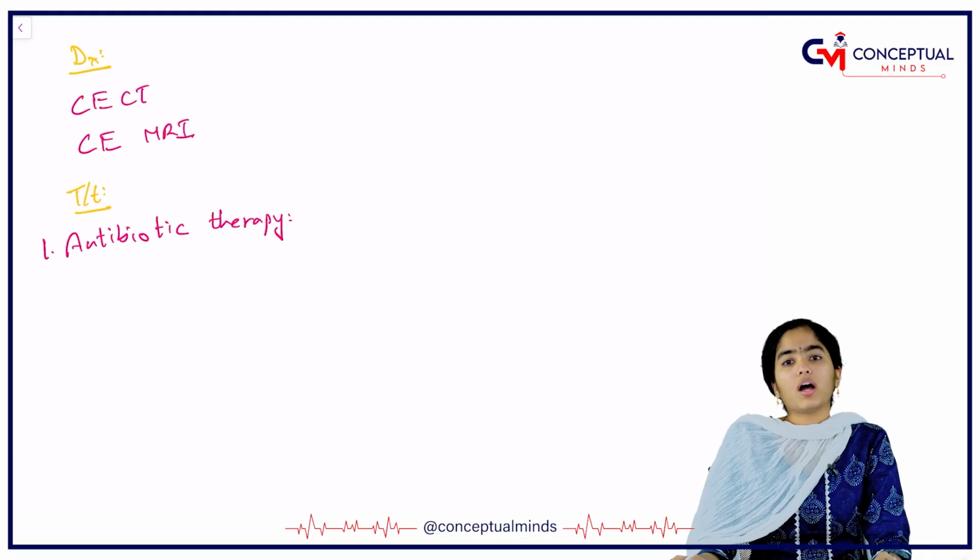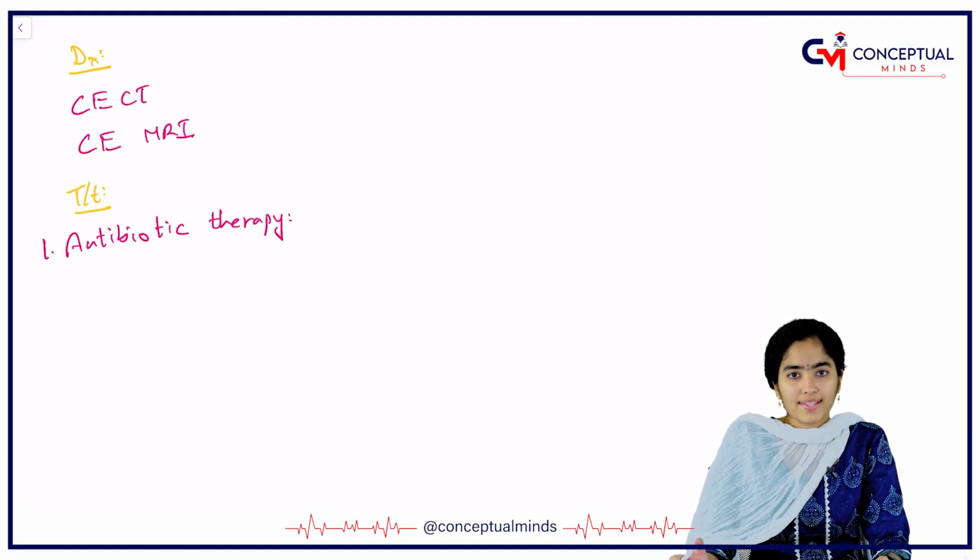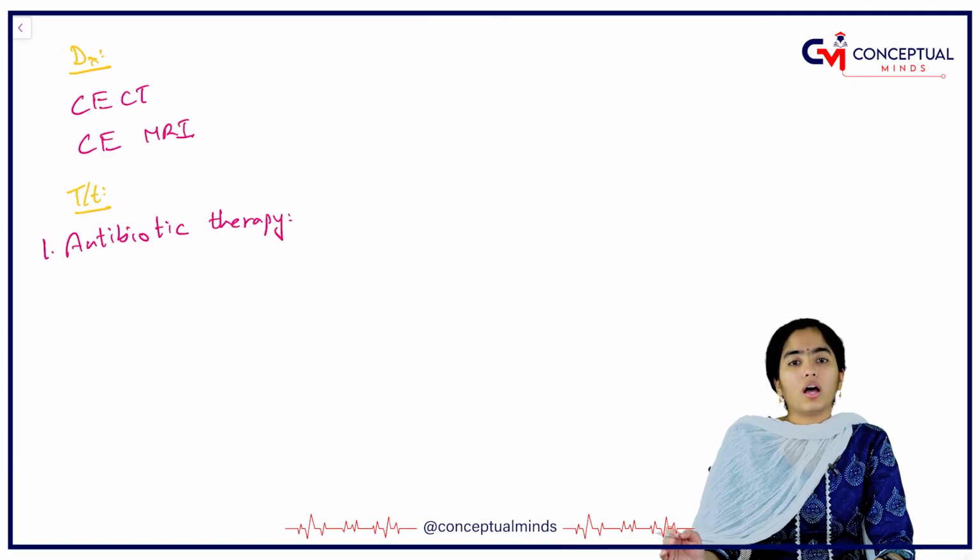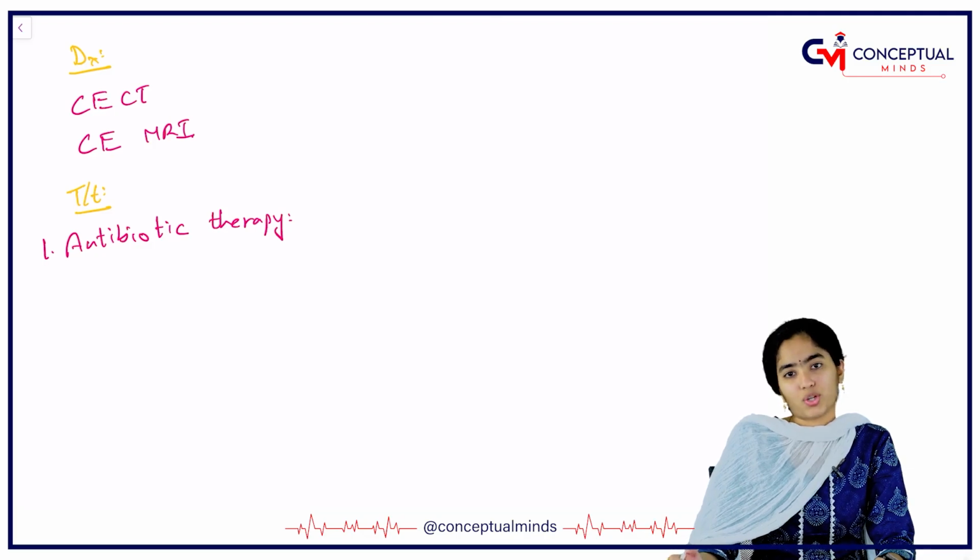Antibiotics are given pre-op and post-op for a minimum period of 5 days, and the patient is closely observed for any further complications, such as meningitis, brain abscess or sinus thrombosis, other intracranial complications. Apart from antibiotic therapy, the required surgery is mastoidectomy.